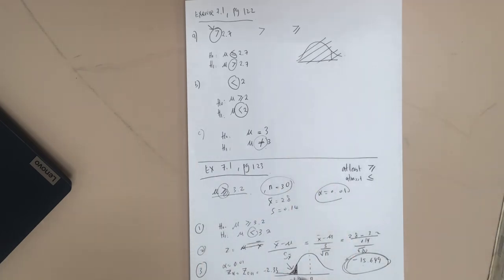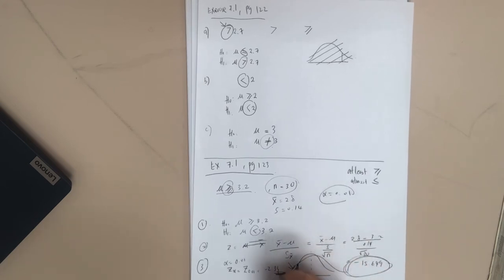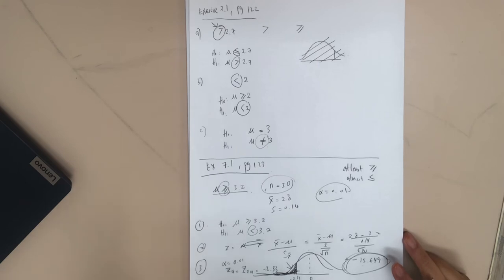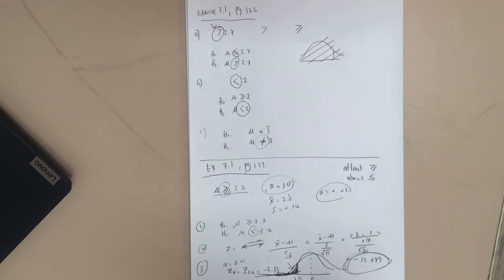So 0, negative 1, negative 2, negative 3, negative 4, and so on until negative infinity. So negative 15 is located somewhere here. So it's located in the rejection region.